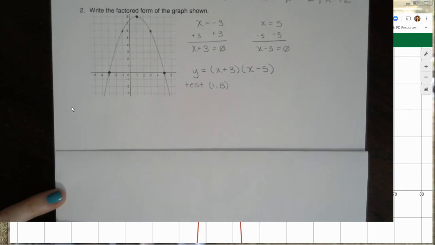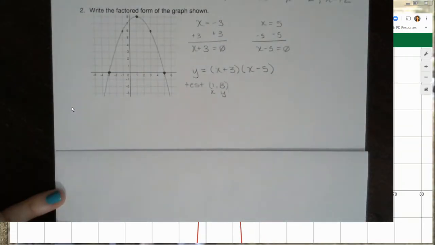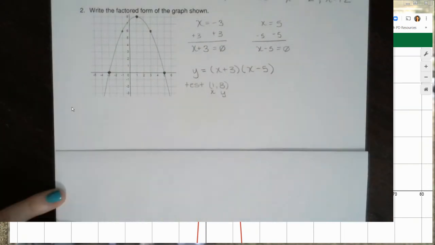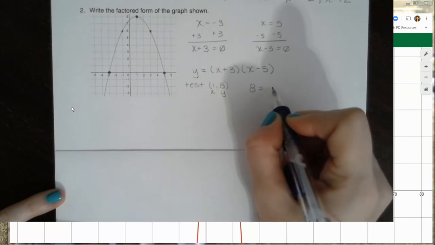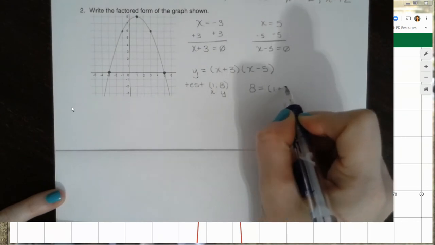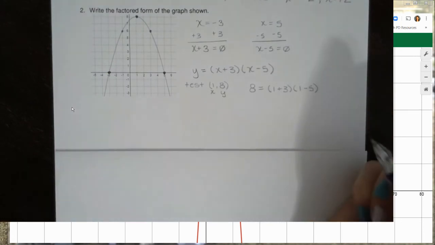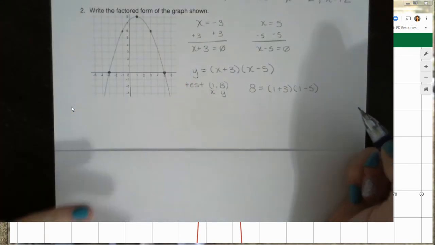In my equation, this is going to be x and this is going to be y. So I'm going to substitute these numbers into this equation up here. I want to know if 8 ends up being equal to (1 plus 3) times (1 minus 5). And if it's true, then I know this equation is correct.